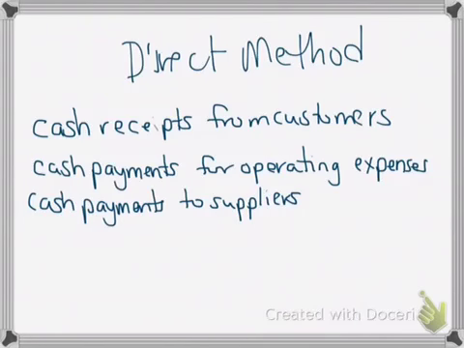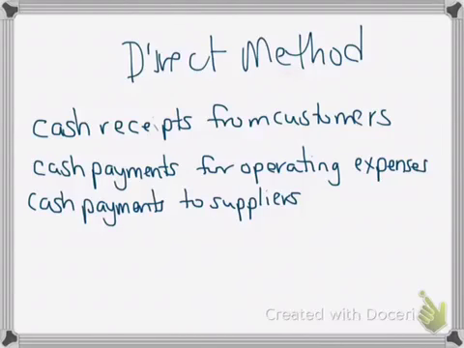The other one is the direct method. For the direct method, you actually have to look at, okay, what were my cash receipts from customers? What were my cash payments for operating expenses? What were my cash payments to suppliers? What were my cash payments for income taxes?